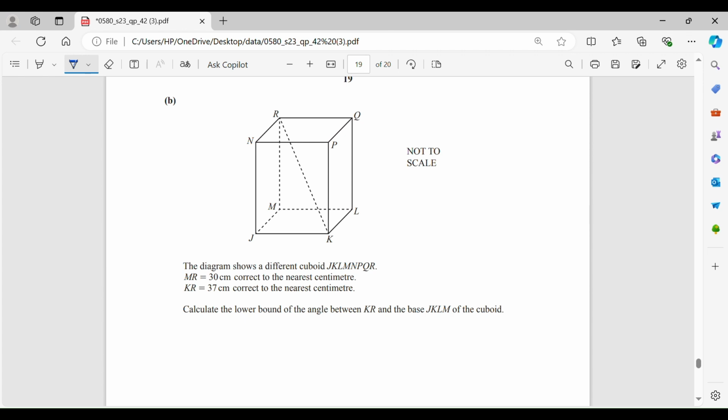So if we join K to M, we need to find this theta, right? And MR is 30 centimeter, this is given, and KR is 37 centimeter, right? So this will be 90 degree.